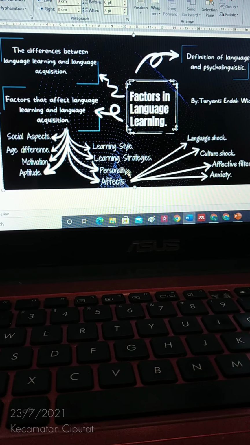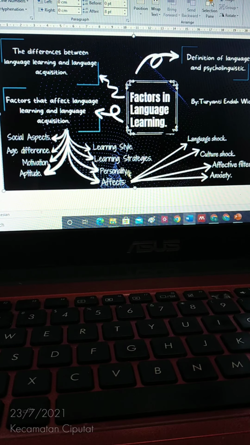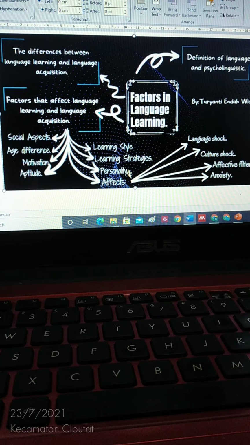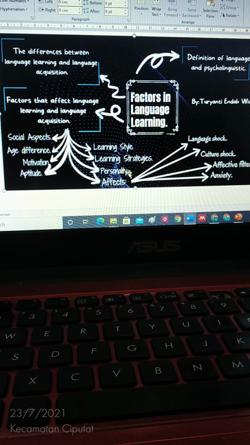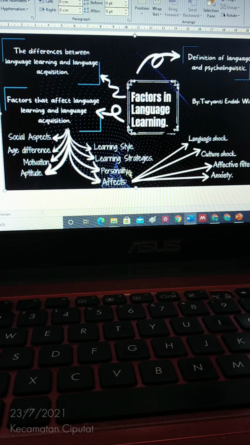Some of them have been found to be benefits, while others are an obstacle in learning a second language. So, the most important personality factors are introversion or extroversion, self-esteem, inhibition, risk-taking, anxiety, and empathy.